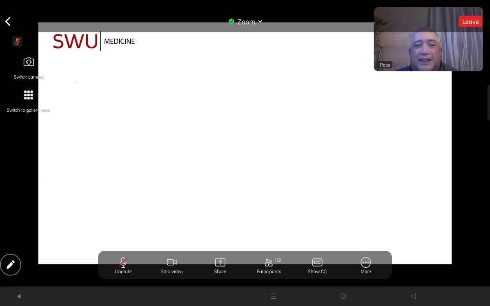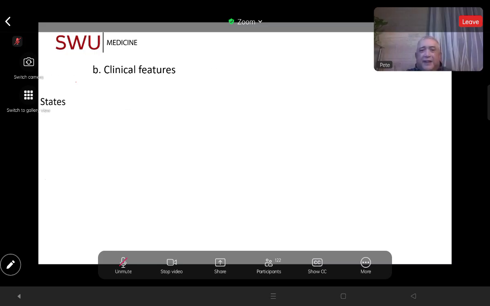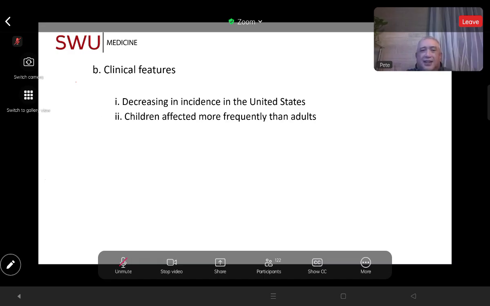And the first one is your post-streptococcal glomerulonephritis. It's very important to know the other names. You have your acute proliferative glomerulonephritis and post-infectious glomerulonephritis. Clinical features: this is decreasing in the United States. Children are more affected than adults.